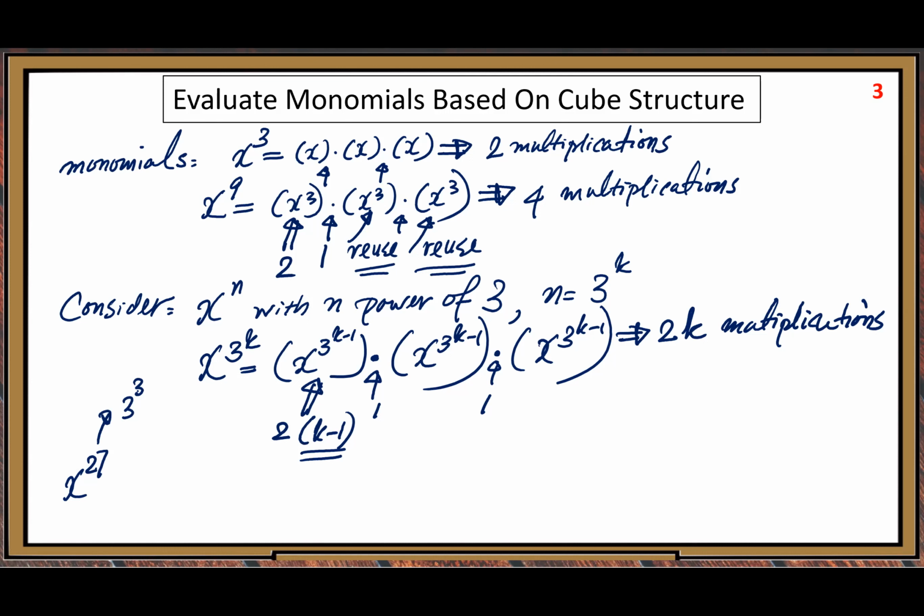Based on the method, 2 times 3, by repeated cubing we need 6 multiplications.